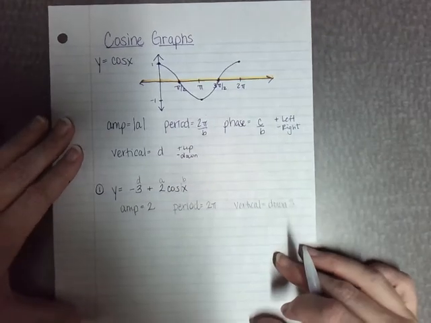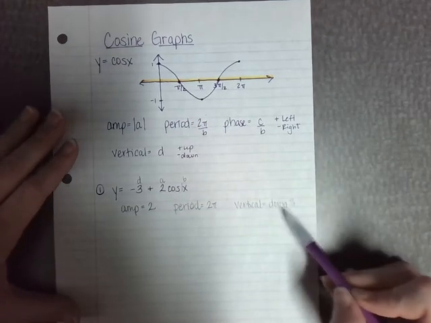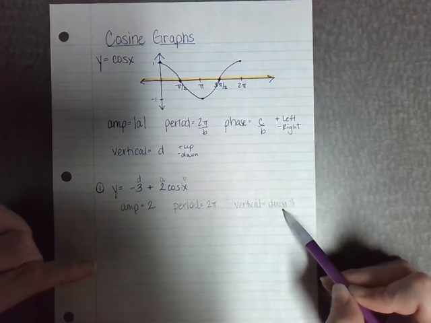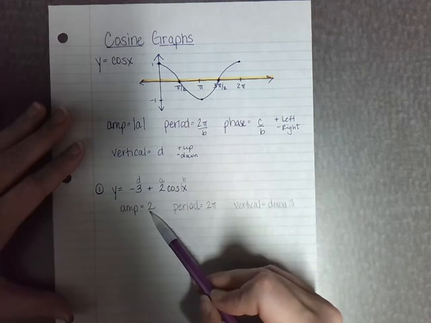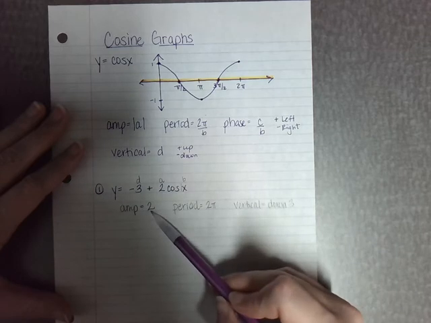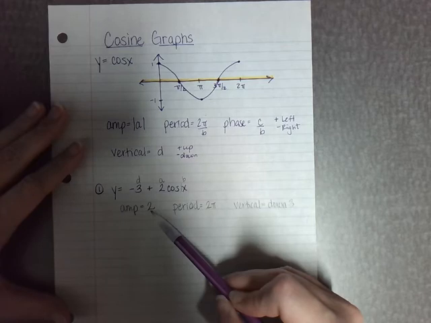Okay, so when you draw this out, keep in mind that you're shifting everything down 3, so your graph's going to need to be larger on the bottom than the top. You also have an amplitude of 2, so once you shift down 3, down to -3 on the y-axis, you still have to be able to go 2 units up and 2 units down. So our graph is going to have to at least go down to -5.